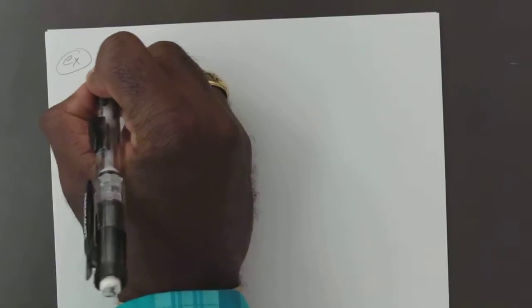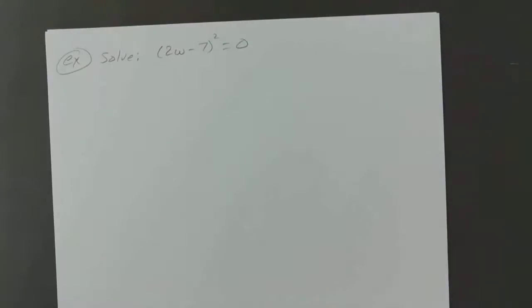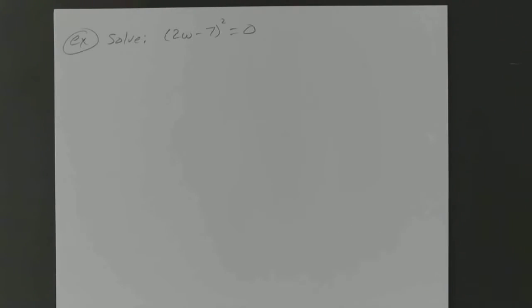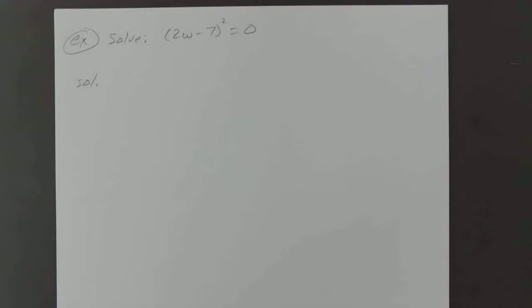Okay, so let's say, for example, if you have to solve, let's say 2w minus 7 squared equals 0. So 2w minus 7 squared is just 2w minus 7 times 2w minus 7.